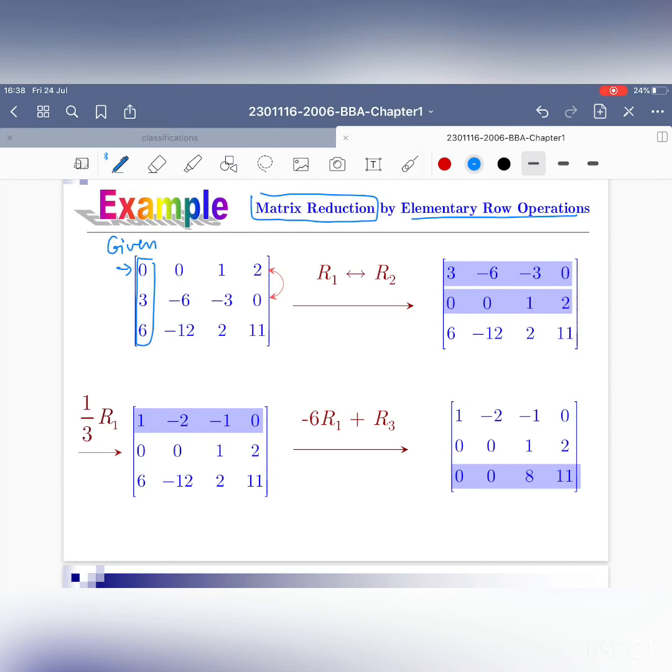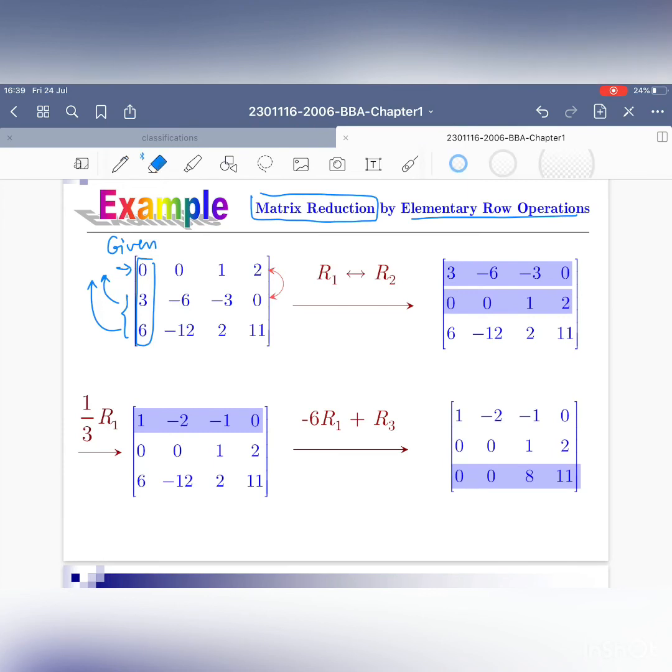So at the beginning you got a 0 here, so you need to switch your row, either using your second or your third row with your first row, so that the first position of your first column is not 0.